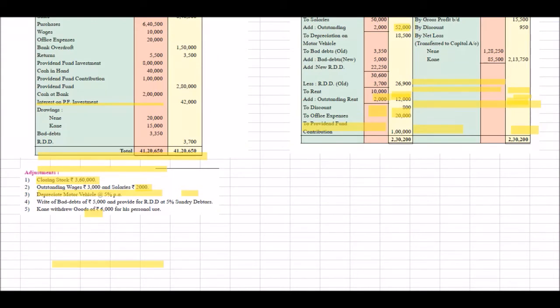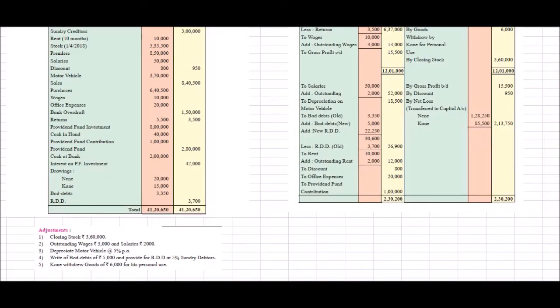Salaries is 50,000, and with the adjustment it becomes 52,000 rupees. Next is depreciation. This depreciation we are calculating in the balance sheet. The motor vehicle amount is 3 lakh 70,000 rupees.